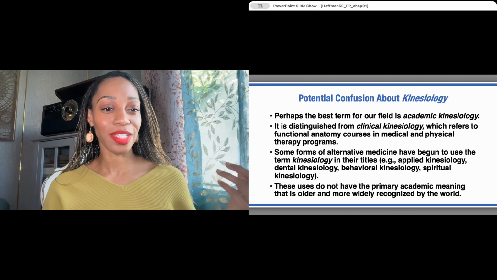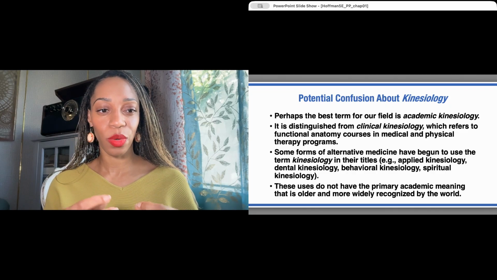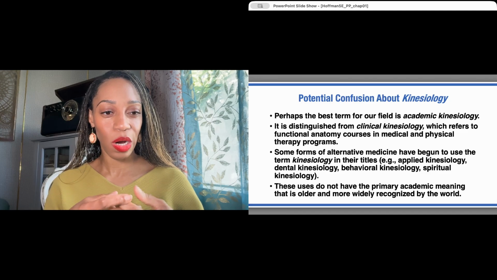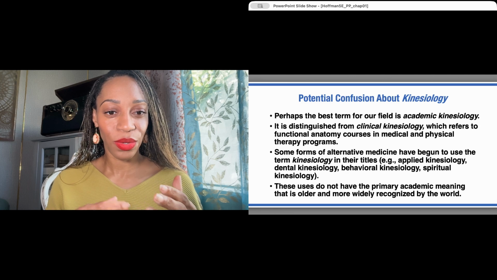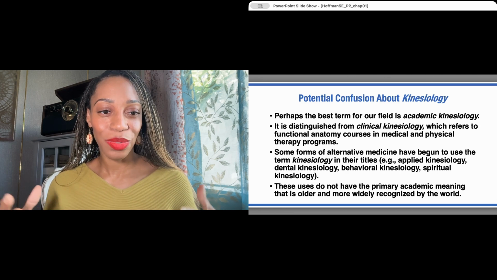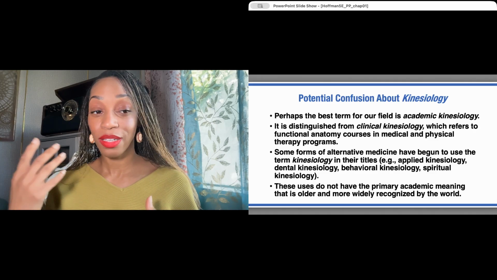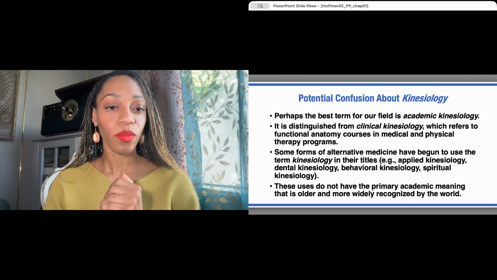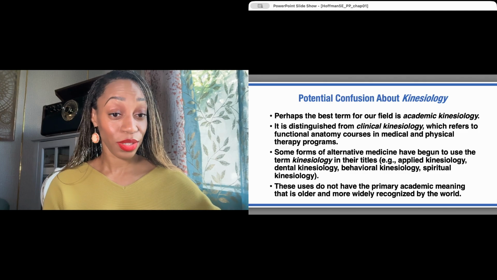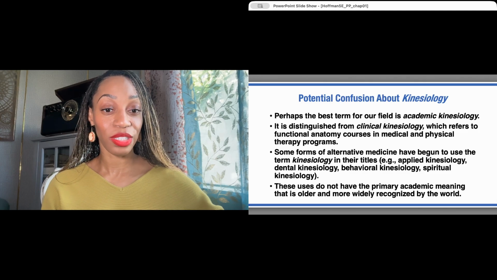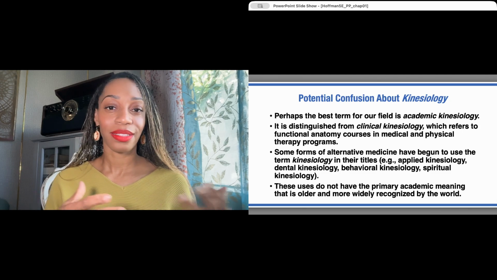So there's a clinical aspect, which is more your sports sciences, your aspects that are more related to your biologies and your hard sciences. And then you have your academic kinesiology, which encompasses more of your philosophies and sociologies, things of that nature.